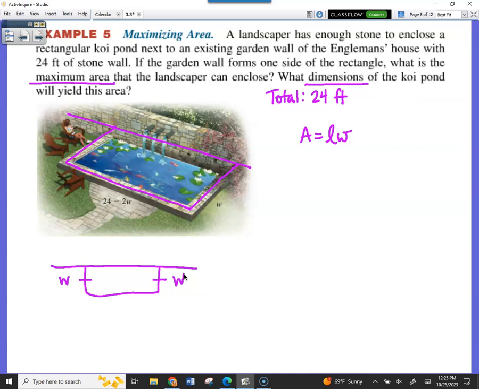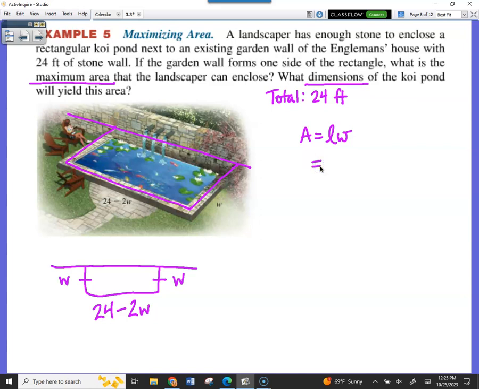You got to think in terms of generic. You've got variables. I've got 24 total. I just took off a W and another W. So I have 24 minus 2W left for the length. You see how that happened? Now you can look at the picture and you can see that they already have that there. So now we're plugging in.